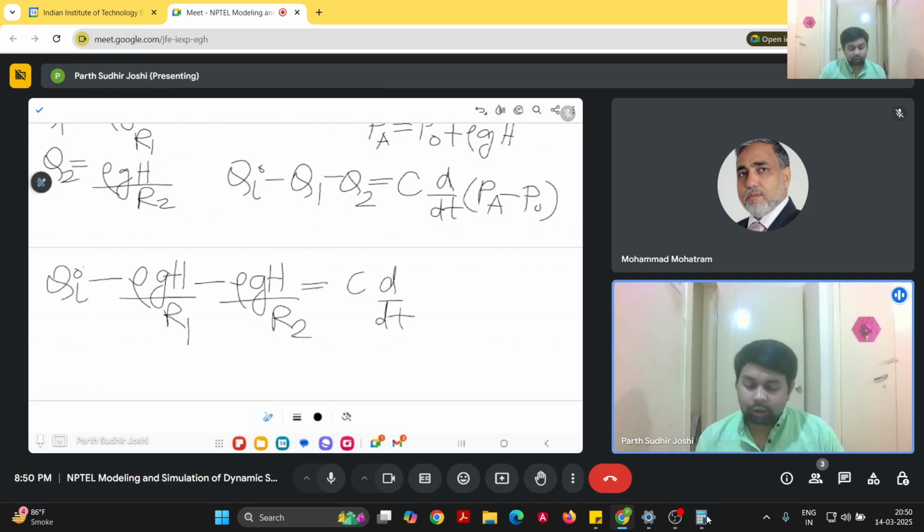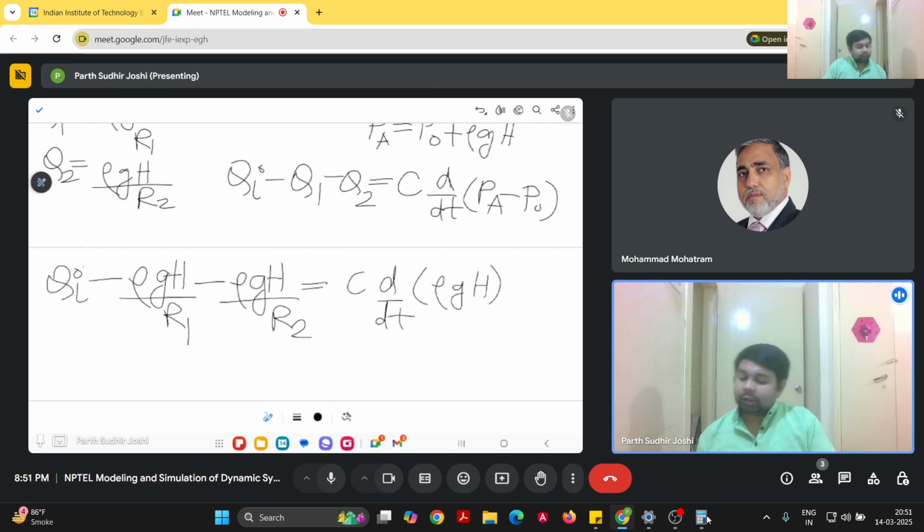Pressure Pa minus P0 is rho gh, and capacitance C is A by rho g.